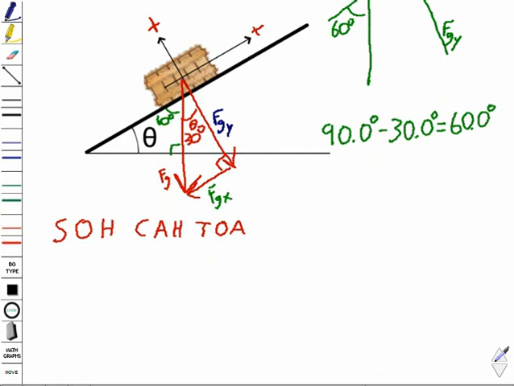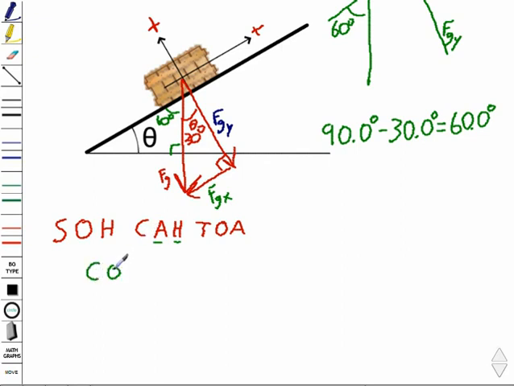So I want to find out my perpendicular force, my F sub g sub y. For this angle, it's touching the angle, that makes it the adjacent side. And I know my hypotenuse, my weight, so I have my adjacent side and I have my hypotenuse, so I'm going to use cosine.